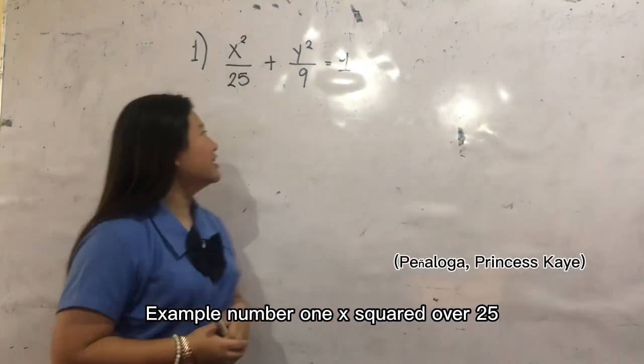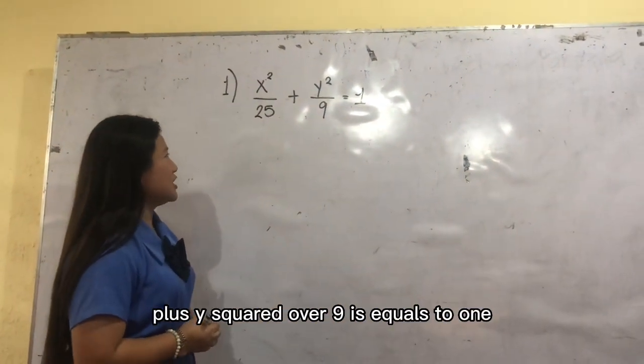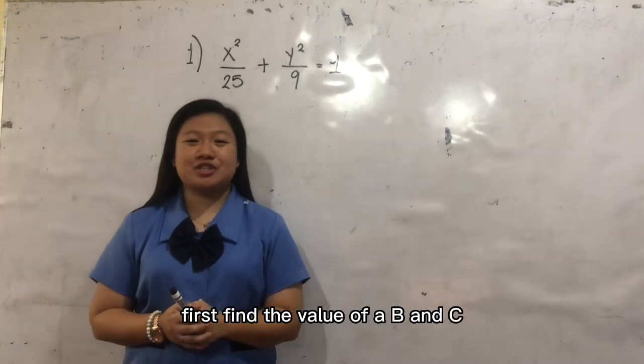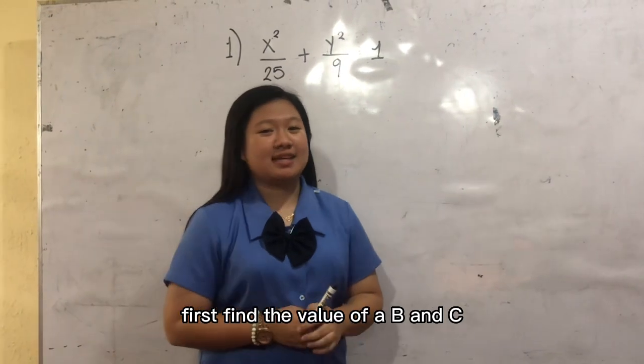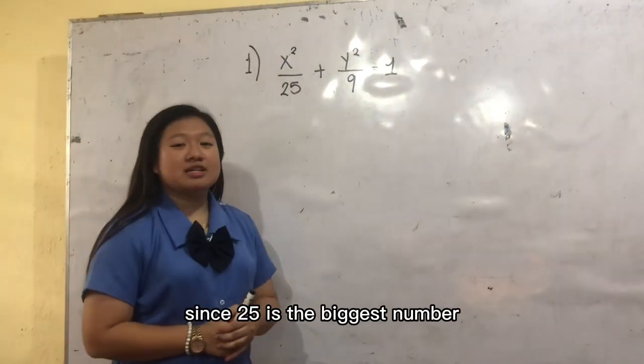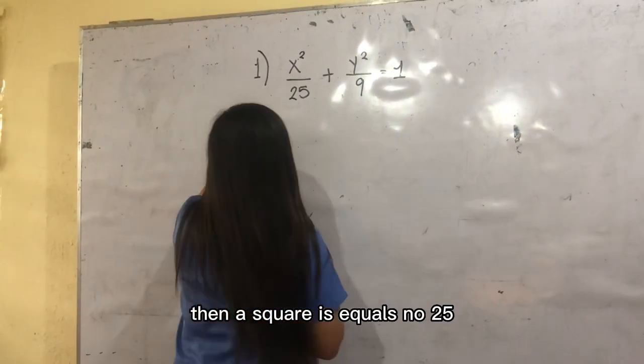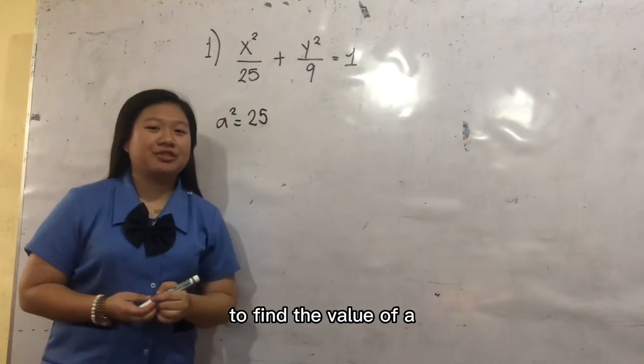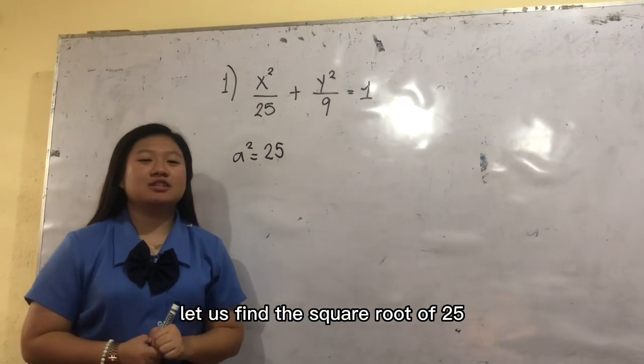Example number 1. x squared over 25 plus y squared over 9 is equal to 1. For us to sketch the graph, let us first find the values of a, b, and c. Since 25 is the biggest number, then a squared is equal to 25. To find the value of a, let us find the square root of 25.